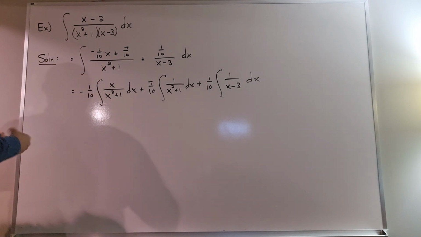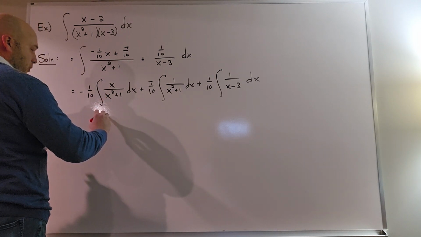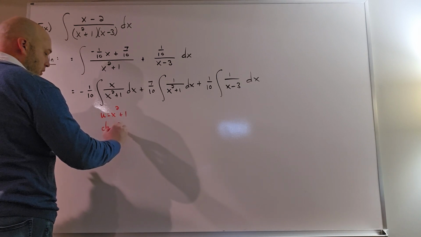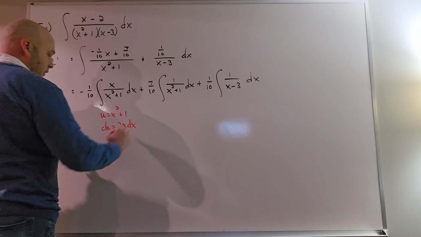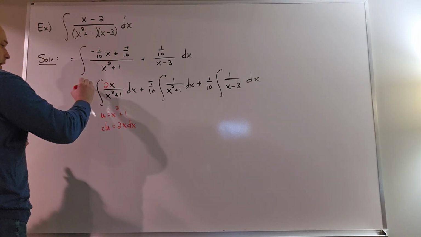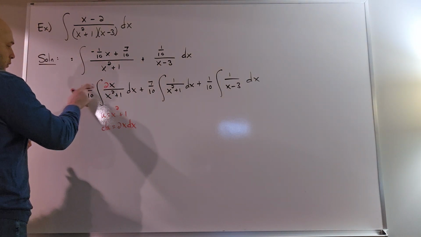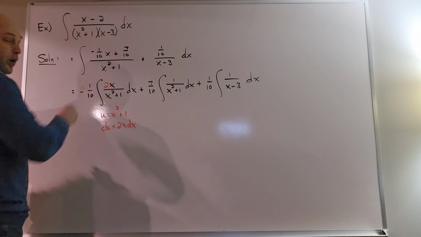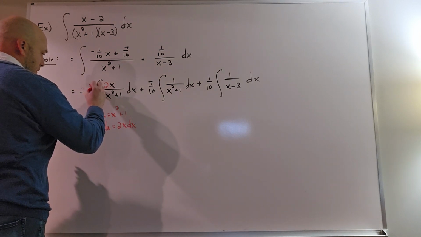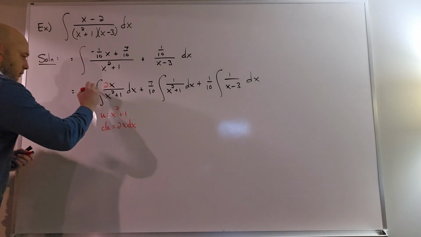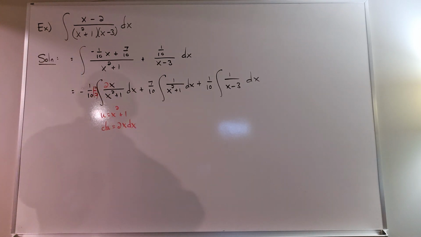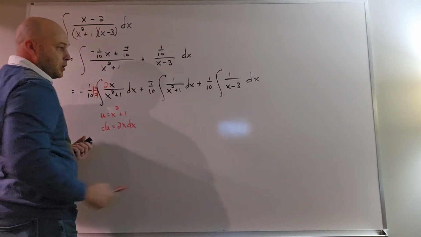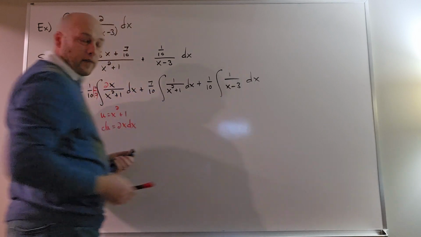Okay, so what I can do for each one of these, if I want to do a u substitution, u is x squared plus 1, du would be 2x dx, meaning I need a factor of 2, so then I'll cancel that by putting a factor of 1/2. Okay. For this one, I don't have to do any manipulations. It's just going to be an inverse tangent. This one, I don't have to do any manipulations. It'll just be log of x minus 3.